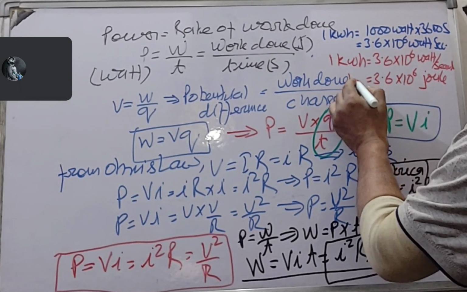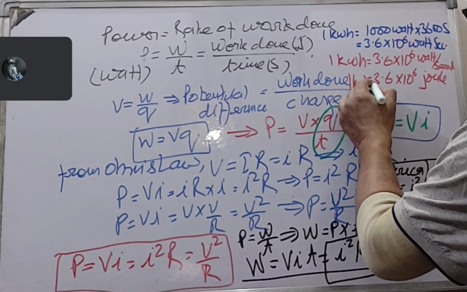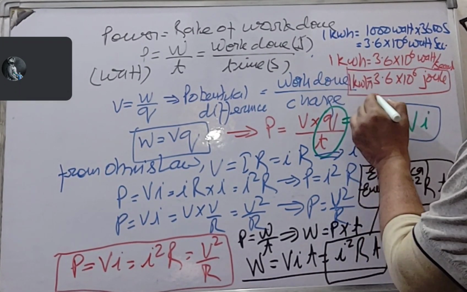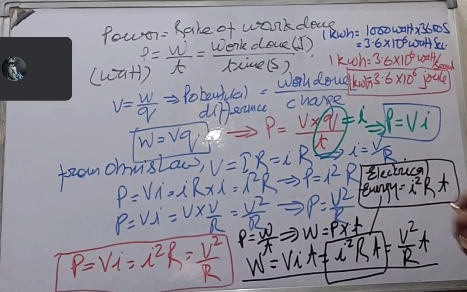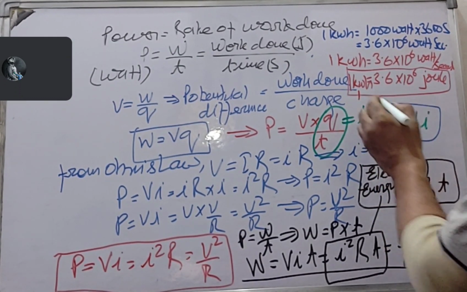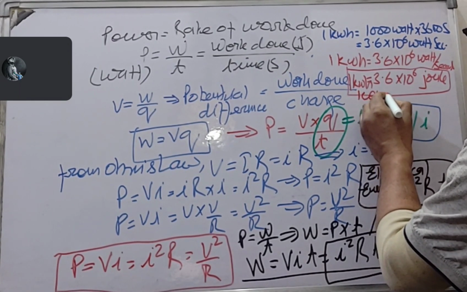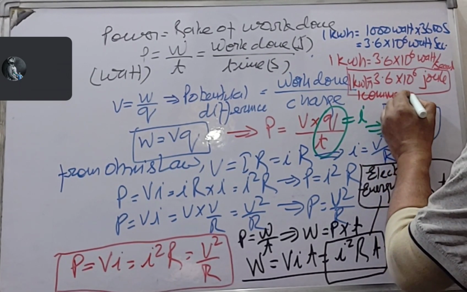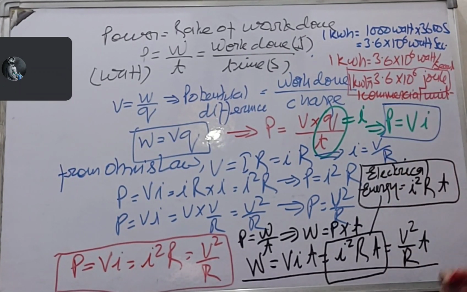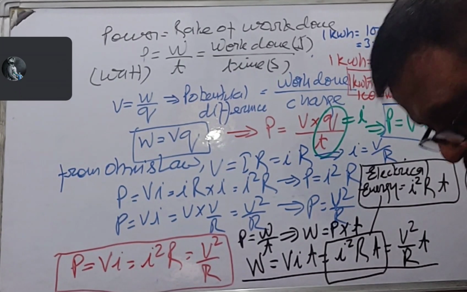This is 1 kilowatt hour, and this is known as one commercial unit. Fine. I hope you understand all the formulas related to your electric current.